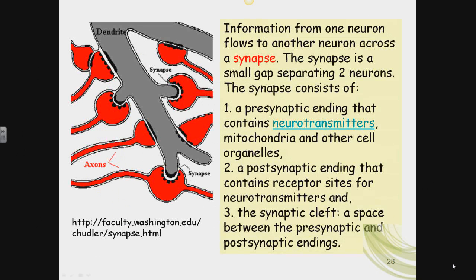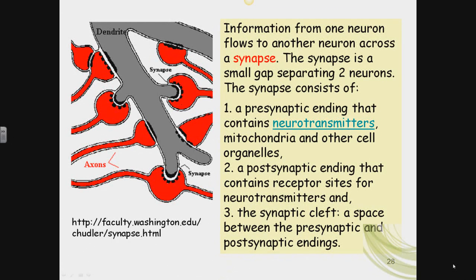So down now on this screen, you're seeing a terminal bouton shown in red from several other neurons synapsing with a dendrite. Remember, that's the receiving end of a neuron. So at the terminal boutons that are shown here in red, that's where you're going to have neurotransmitters.